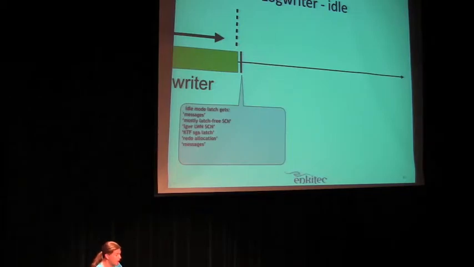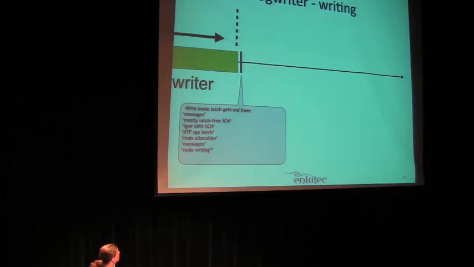In idle mode it will take these latches, and if it needs to write there is one additional latch, which is the redo writing latch. If a foreground process is busy writing its contents into the public log buffer, which the log writer uses to write onto disk, then that process also takes the redo writing latch because it's writing in the log buffer.